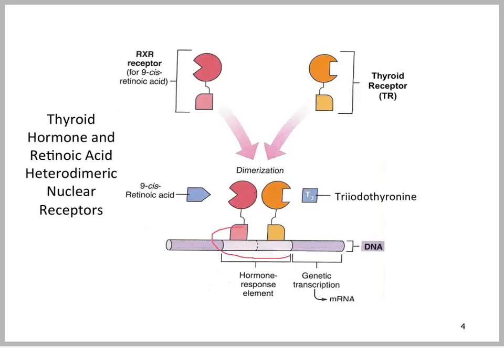You can see here, we've got retinoic acid on the left interacting with its receptor, and then T3 as a prototypical most active thyroid hormone on the right, and these work together in a dimer of two different receptors to then impact, by binding on the hormone response element, or the thyroid response element as another term for it, leading to alteration of genetic transcription, messenger RNA, and protein synthesis.